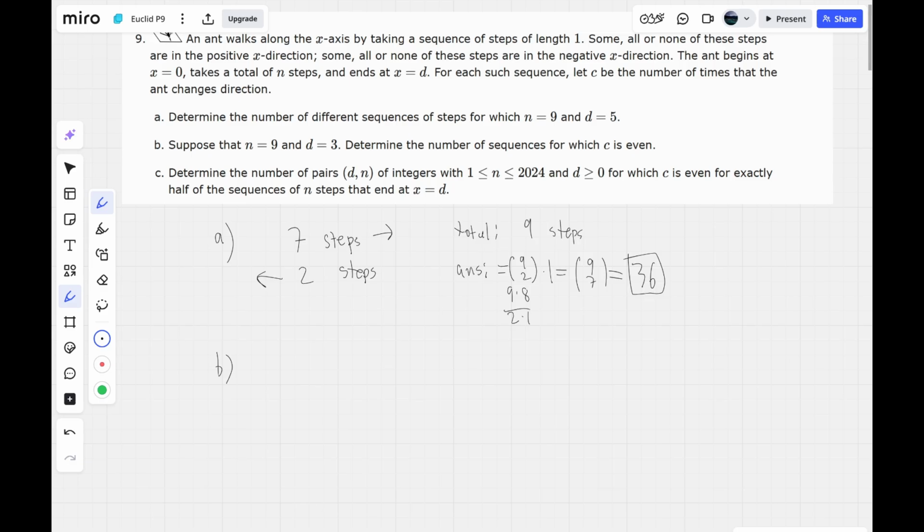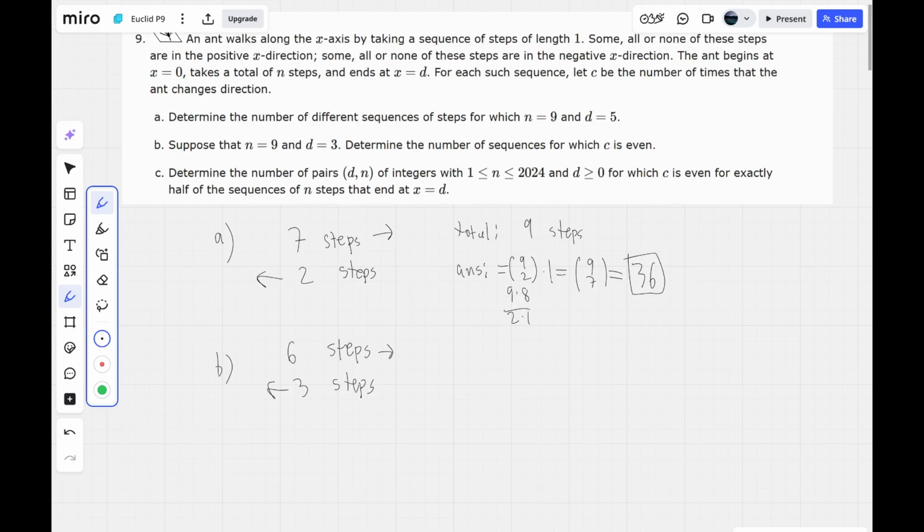You can do the same thing as part A, where you evaluate how many steps are taken to the right and how many steps are taken to the left. Notice the ant must have taken 6 steps to the right and 3 steps to the left. That's the only way possible to get a distance of 3 while taking 9 steps.